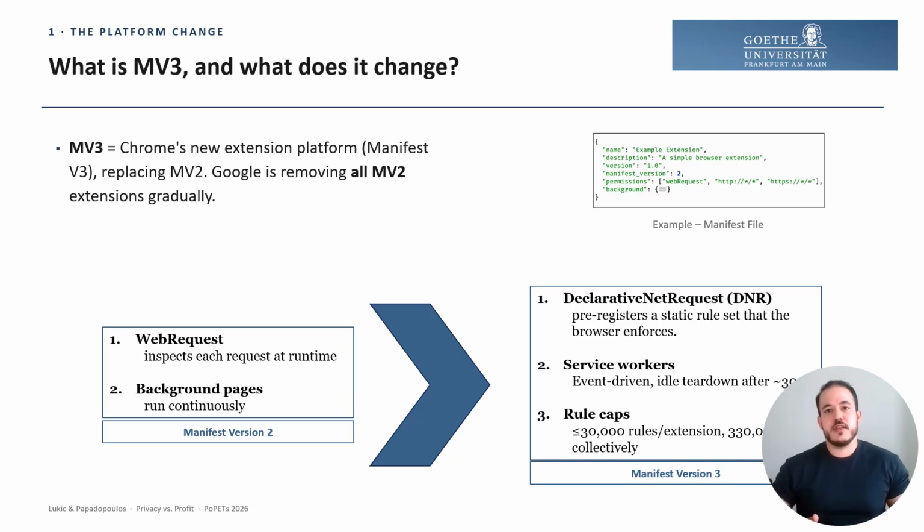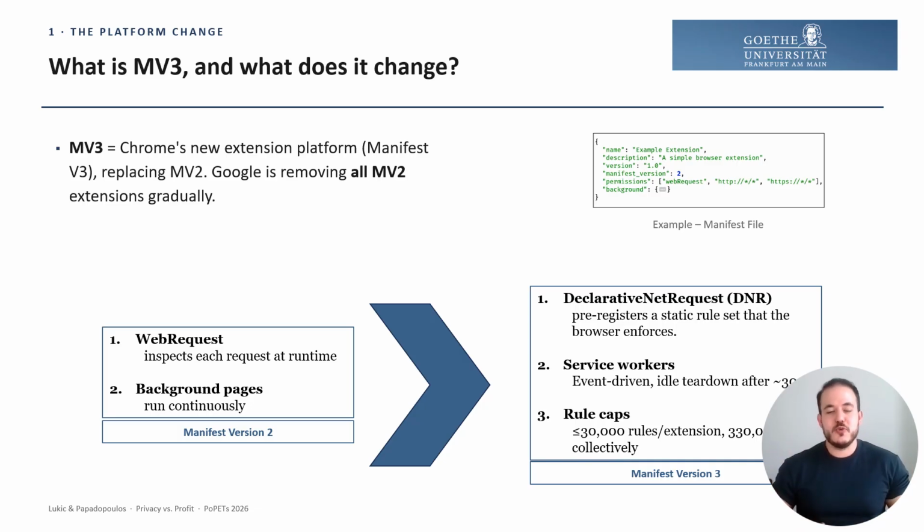Ad blockers and other critics of the update have argued that those limitations will hinder ad blockers from effectively blocking ads and trackers. Google has adjusted the update as a consequence of this debate, but concerns have remained among users that the MV3 update might effectively kill ad blockers.